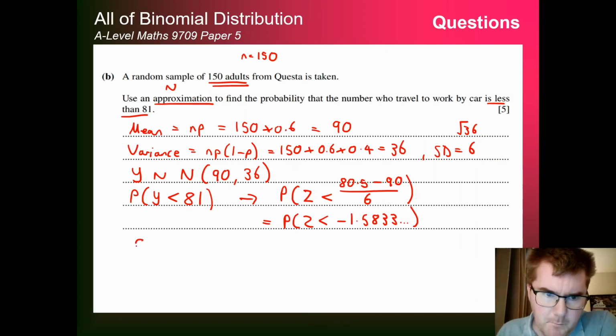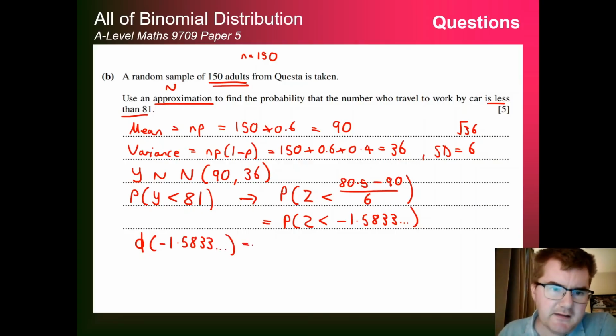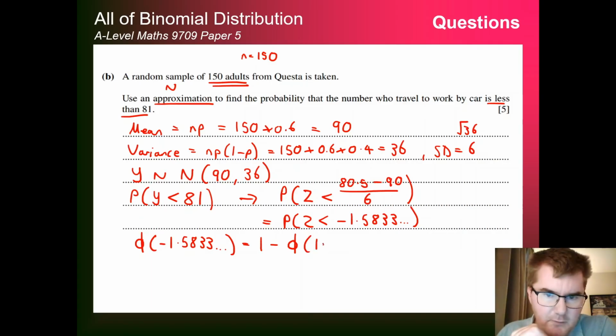So if we've got the phi of minus 1.5833, the way to work that out, because it doesn't have negatives within our table, we do 1 minus the positive version. Now, because we've got a less than sign, we don't have to flip twice.